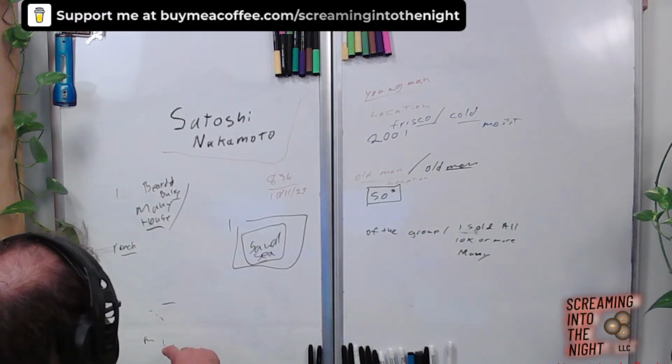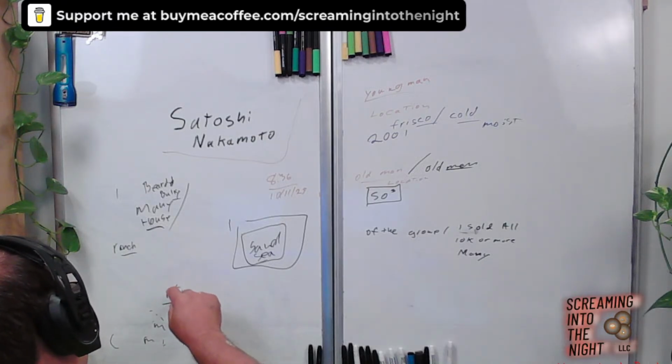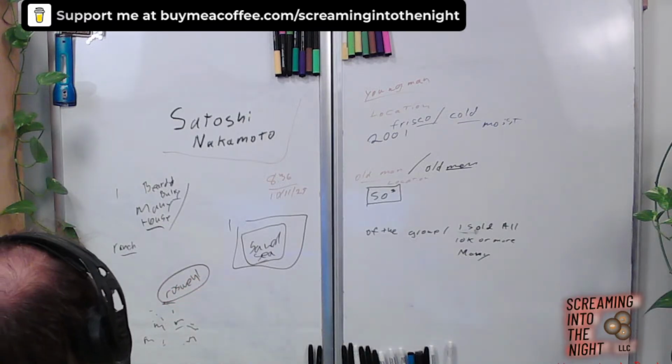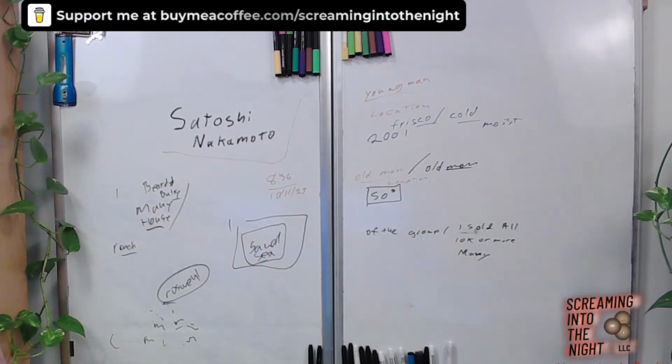Could be New Mexico. Arizona. He's somewhere near Roswell. What is that? That's New Mexico. Okay. So he's fairly close to Roswell.